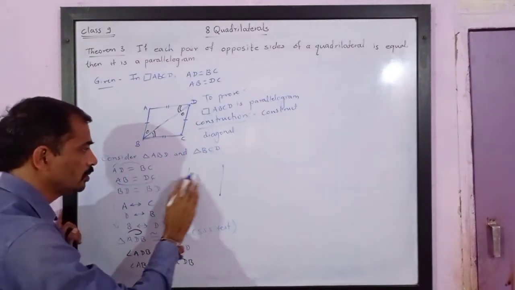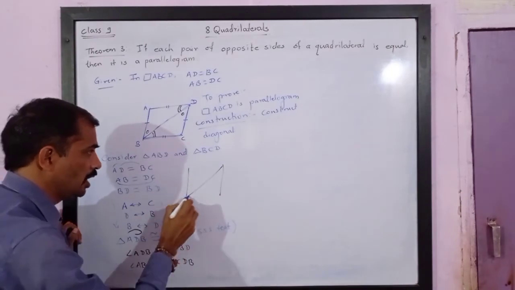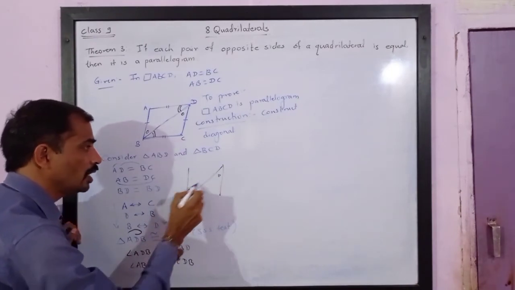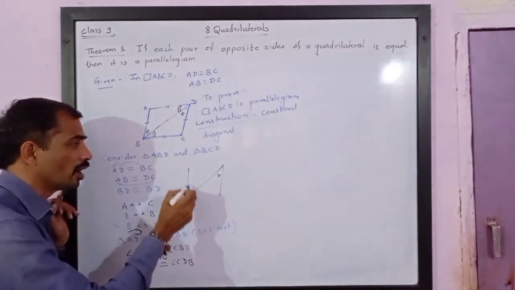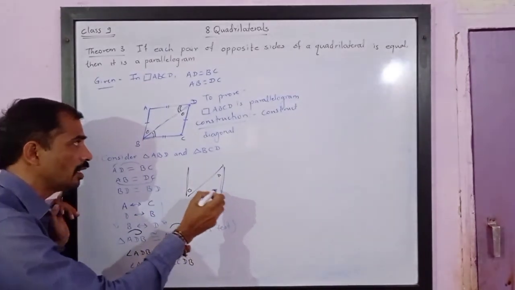We have got these two lines and these two angles congruent. Now they also form alternate angles, and if alternate angles are congruent, it means these two lines are parallel.